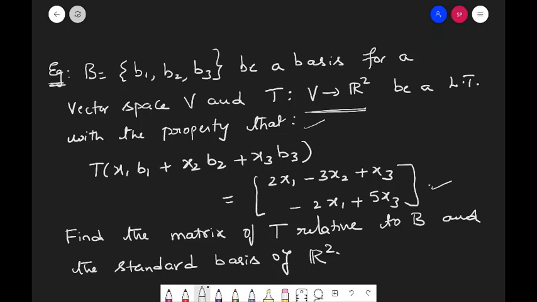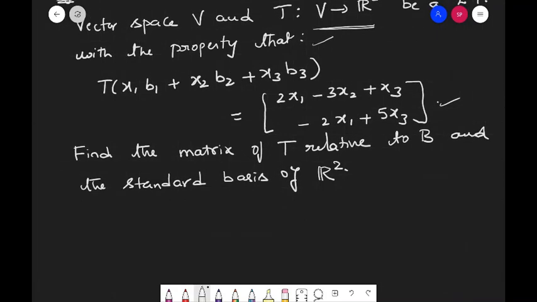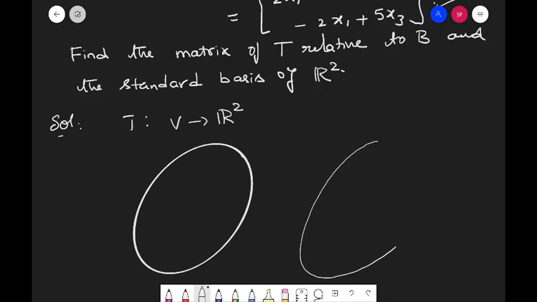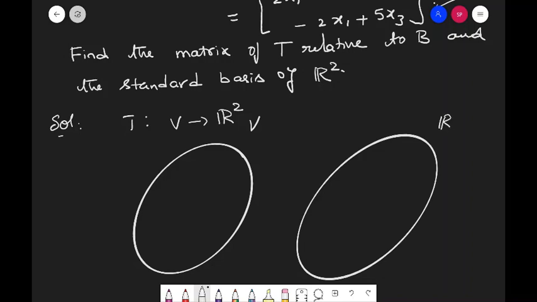So here first I want to just write. T from V to R2 is a linear transformation. So this is V, this is R2.